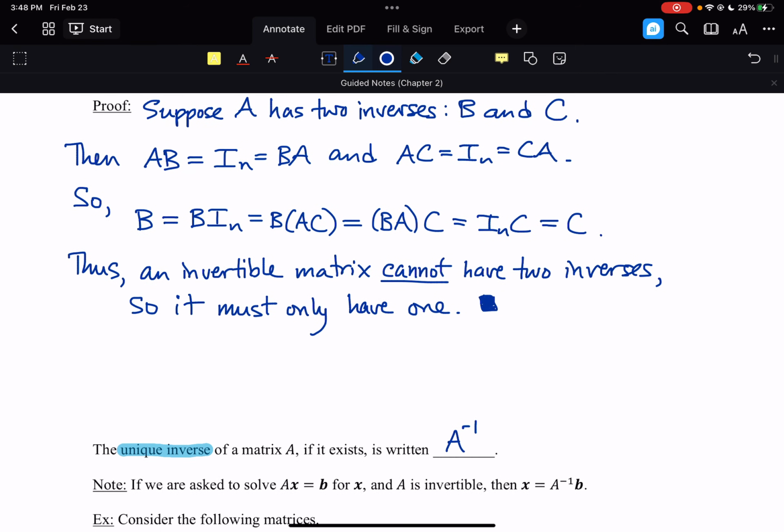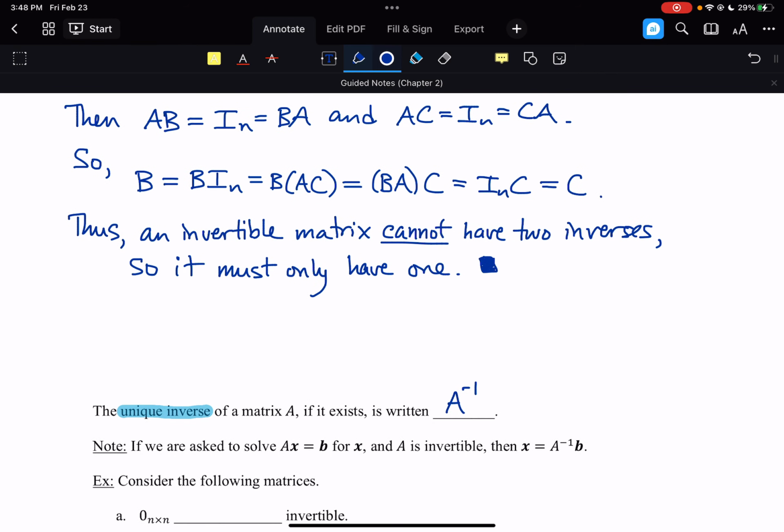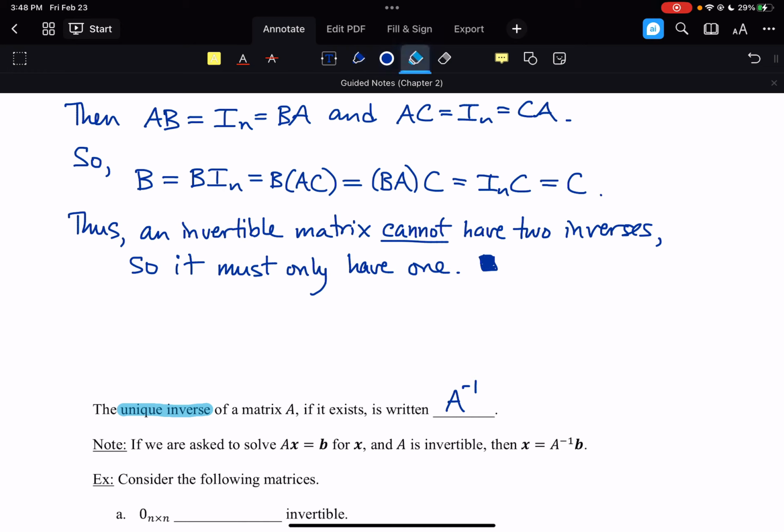Now, one of the primary uses of the inverse is that inverse matrices can actually help us in solving linear systems. So if we were asked to solve A times x equals b, those systems like we've seen in the previous sections, if we were asked to solve this for x, if A is invertible, we could multiply both sides of this expression on the left-hand side by A inverse.